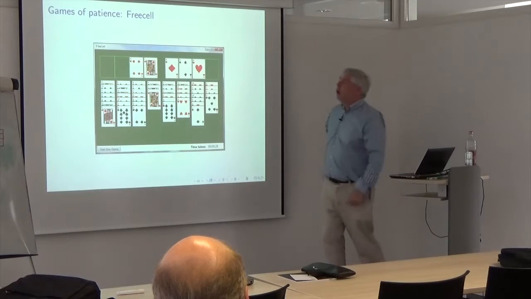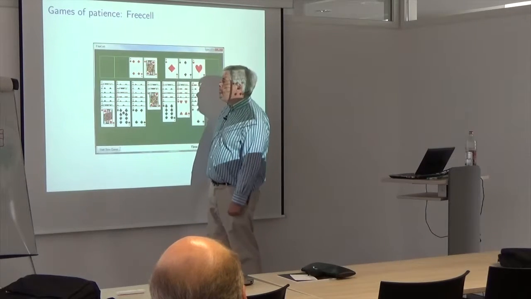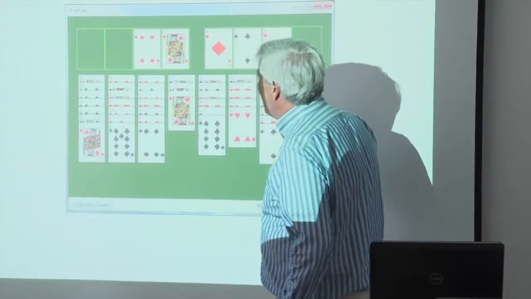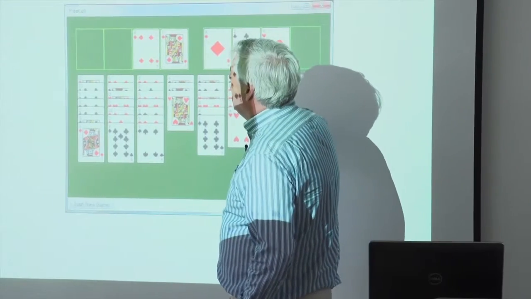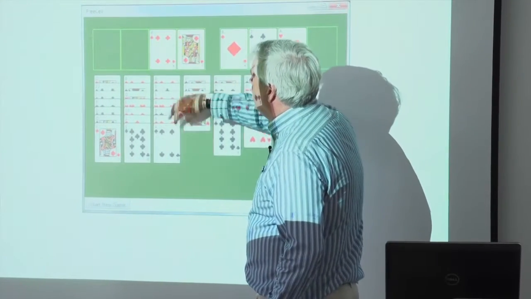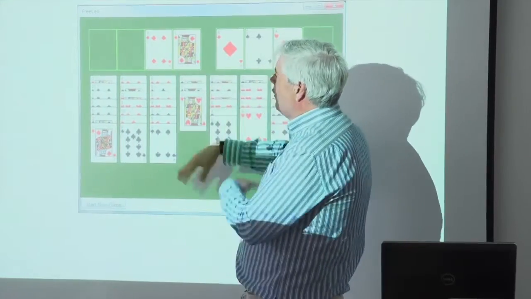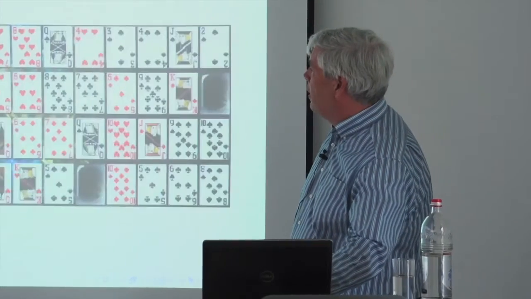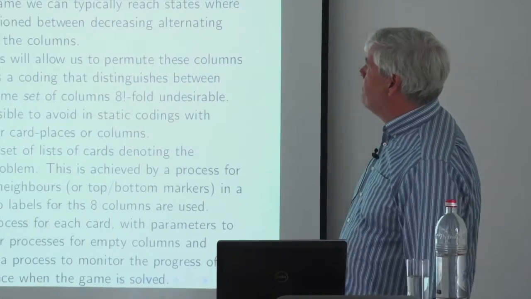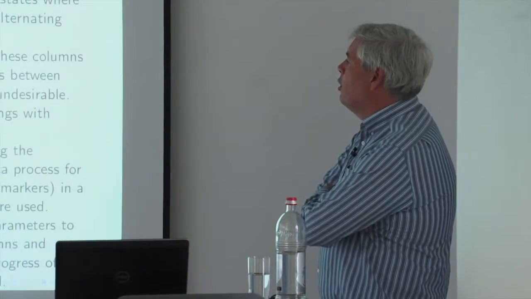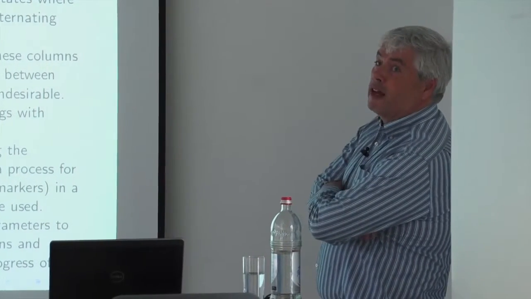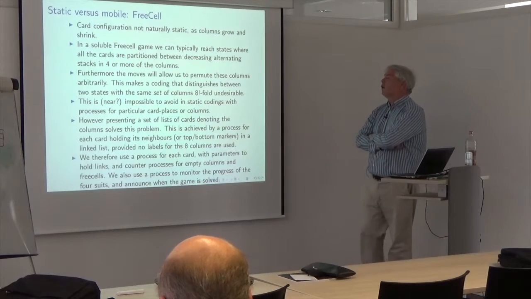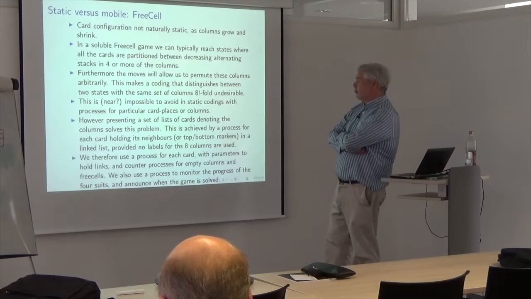Because in a dynamic model, you can simply have the columns arranged below a certain card without having to worry about exactly where they are. And you find that by moving to a mobile model, you get a far more efficient, up to 8 factorial times more efficient in terms of state space, than the natural static one.